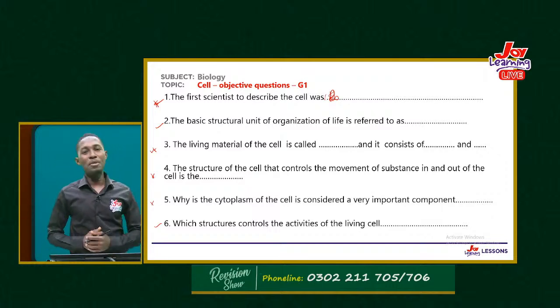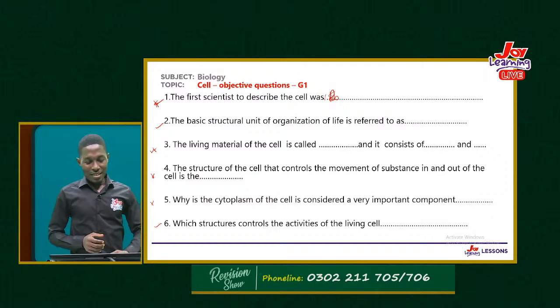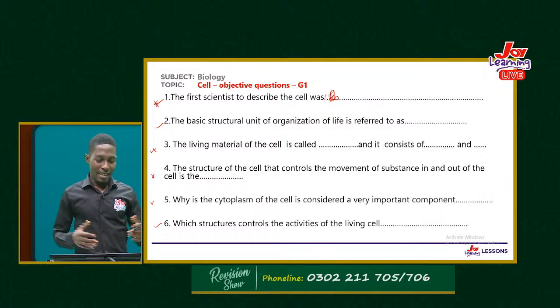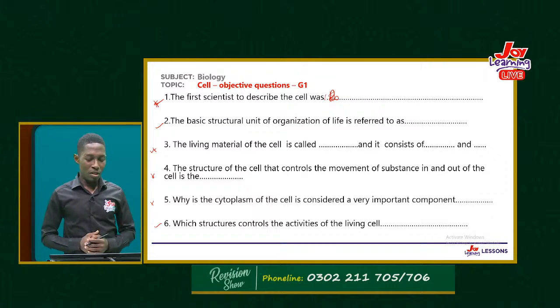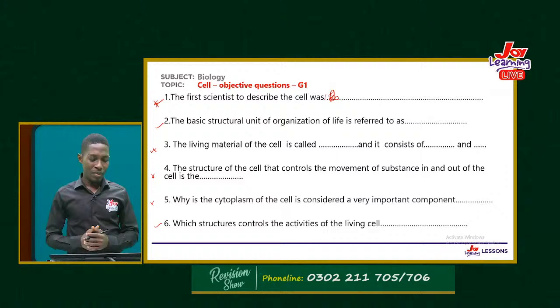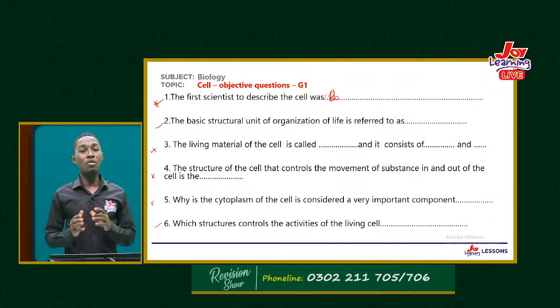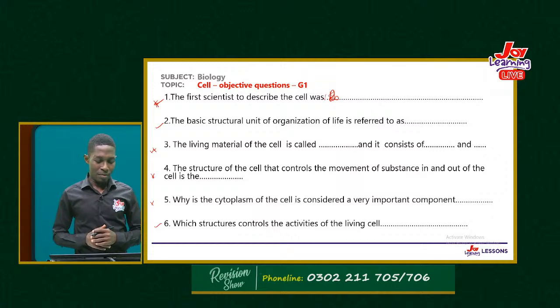Okay. You've done well. Clap for yourself. Before we go on to the next slide, let's try and correct some things. Question 1 was right, Robert Hooke. Question 2, as our colleague said, is a cell. Question 3, depending on how it was worded, the right answer was protoplasm, and it consists of nucleus and the cytoplasm.